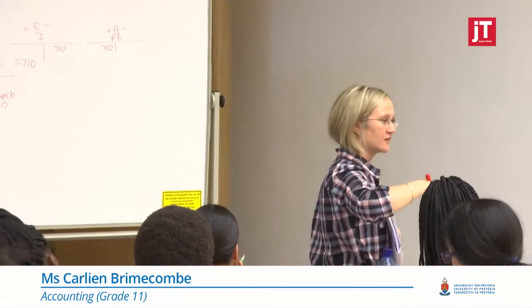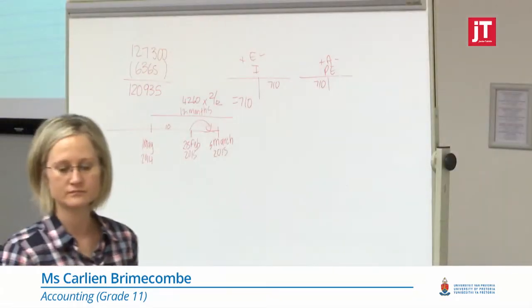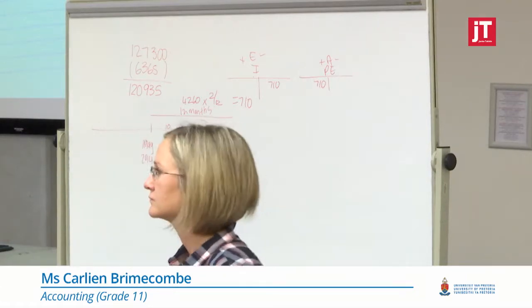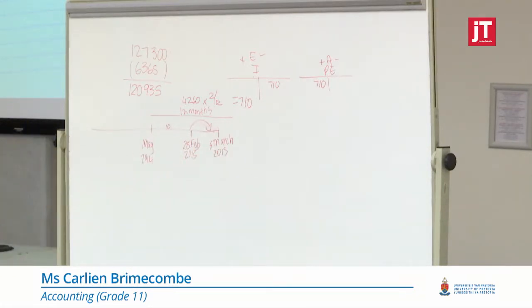Now what you need to realize is, if I'm only paying it later, isn't it then still outstanding for February? Yes. So where should I show it? As accrued expense. There you go. Yes, the full amount. They said 1,840.